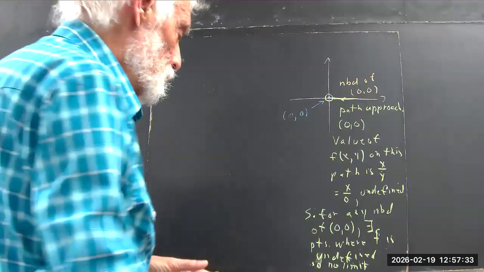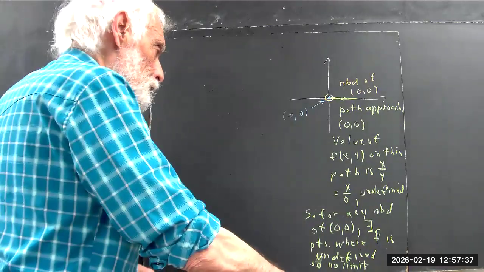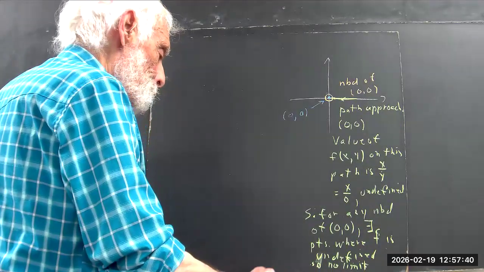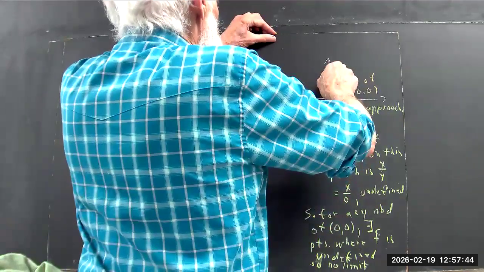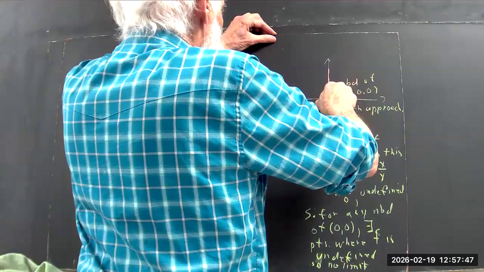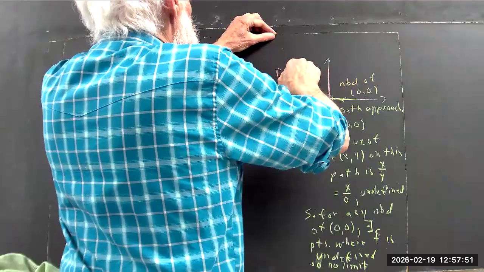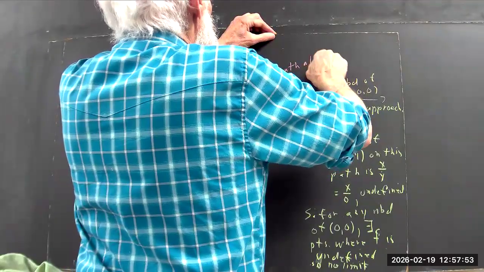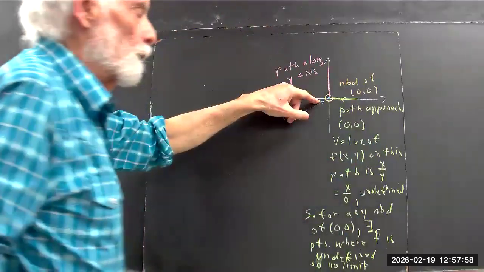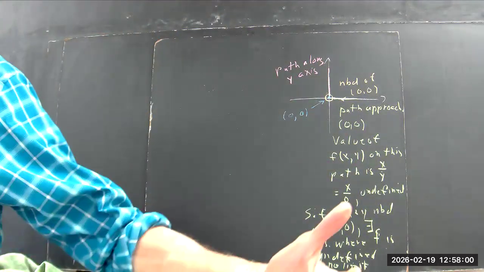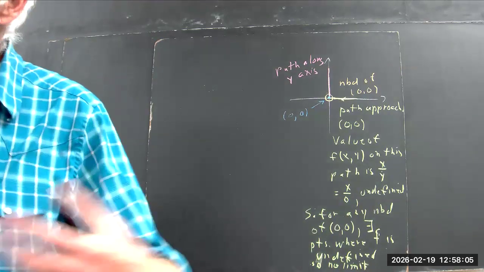Contrast that with the fact, it doesn't make any difference in this case, but along a path, I've got to have a color, along the y-axis, everywhere on this path, f of x,y equals 0, doesn't it? Because everywhere on the y-axis, x equals 0.